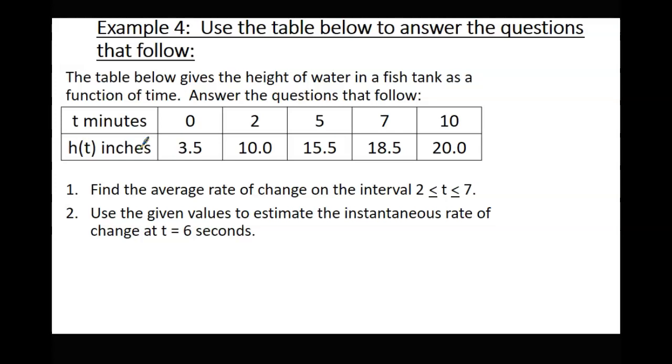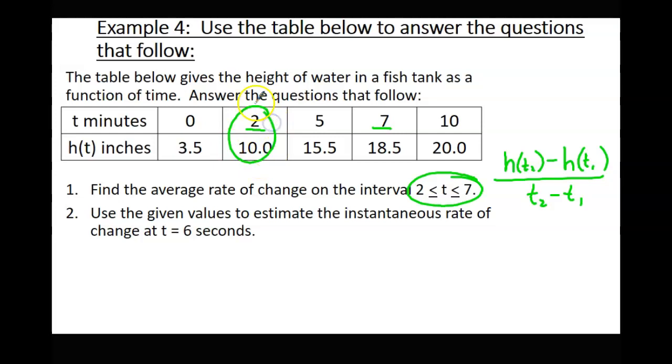Okay, that's just our little formula here that we're used to, where you find your two time values that you're concerned with. So here we're looking at the average rate of change on the interval from 2 to 7. So here's where t equals 2, and here's where t equals 7.